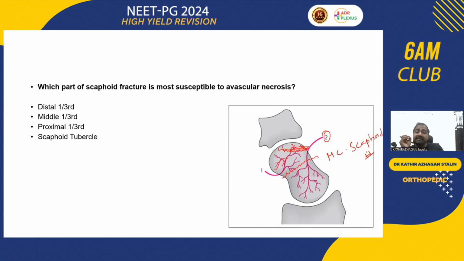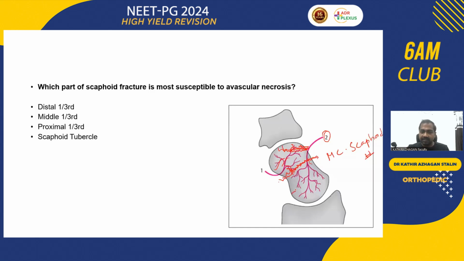But at least there is a chance for some vascularity from here, unless the fracture splits in the middle of the zone of avascularization, then there is a chance of AVN. Otherwise, there is a little chance from supply here and also from here.